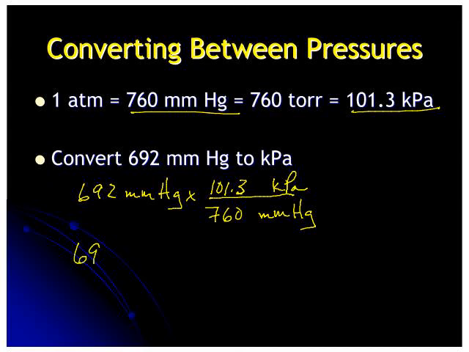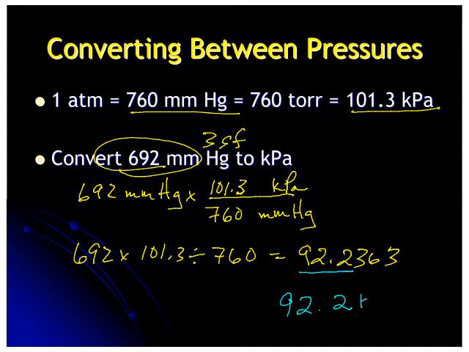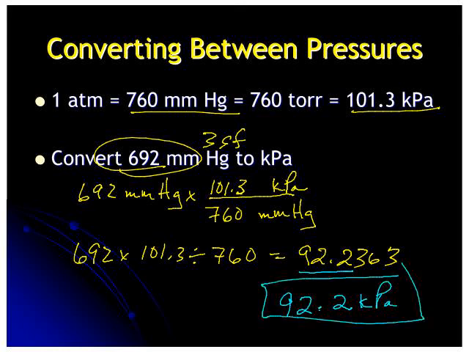Remember, we multiply the numbers on the top, we hit divide for all the numbers on the bottom, and you punch this through your calculator and you get 92.2363. This right here is only 3 significant figures, so I'm going to round my answer to 3 significant figures, and this becomes 92.2 kPa.